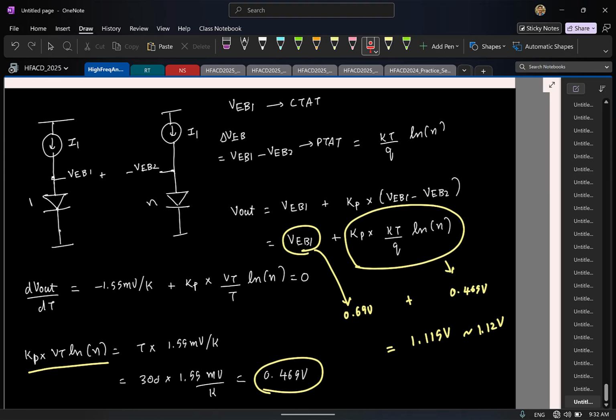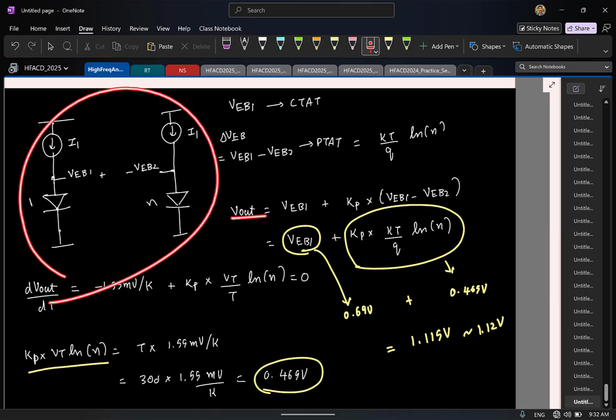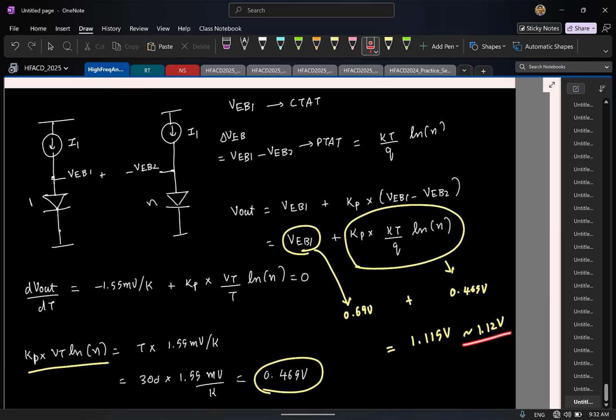If you have taken any courses on semiconductor devices, has anyone taken a course on devices here? Yeah, so when you hear this number 1.12 volt, what does it remind you of? It turns out this is the band gap of silicon. Band gap is an intrinsic property of a semiconductor, and if you do all this and get a constant voltage reference, it turns out to be the band gap of silicon.